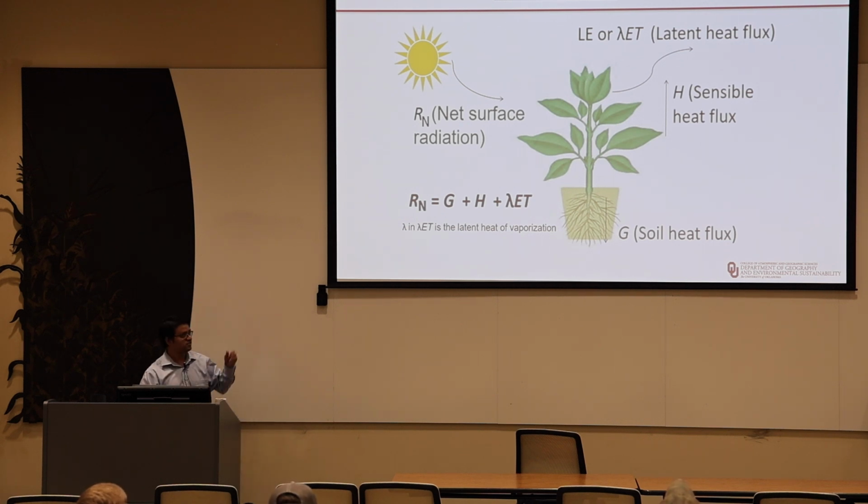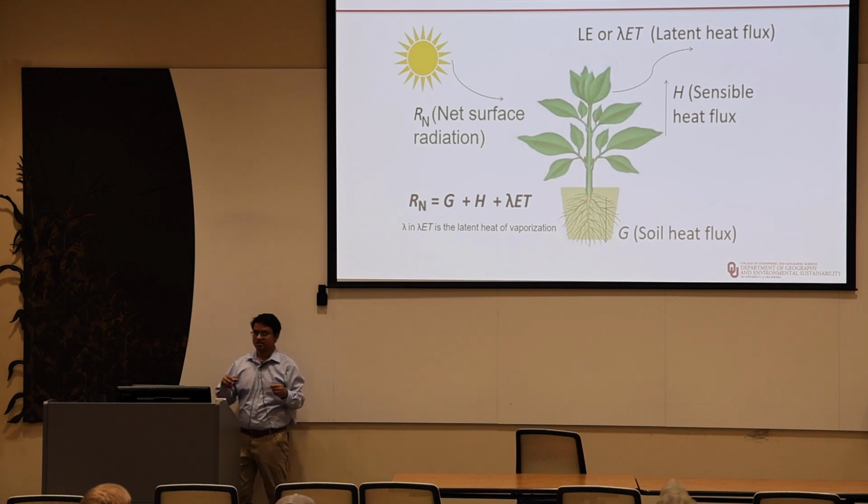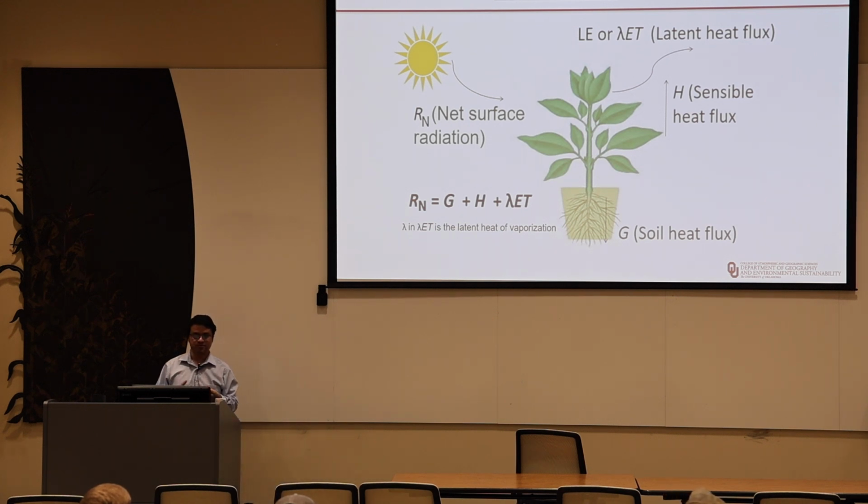For example, for this plant, here RN is the net surface radiation. That radiation is the amount of energy that is retained in the system. Some of the solar energy comes to the plants and some of it is reflected, and some is left in the system for different processes.